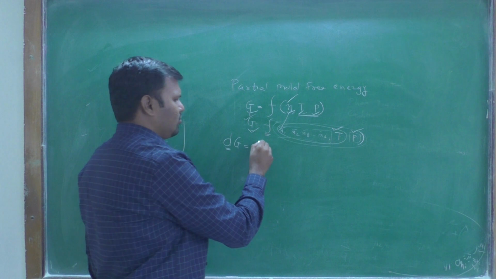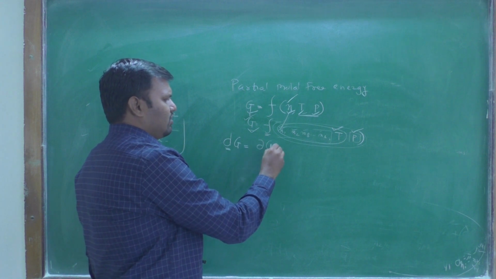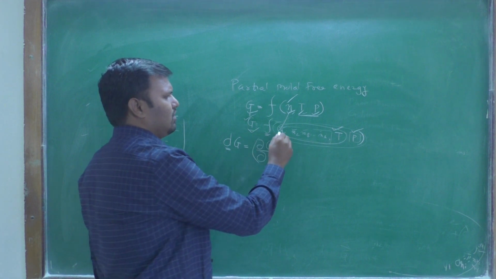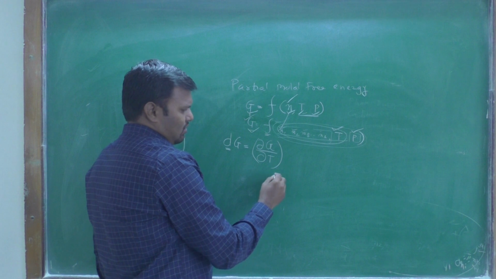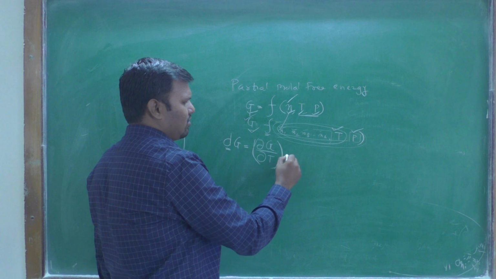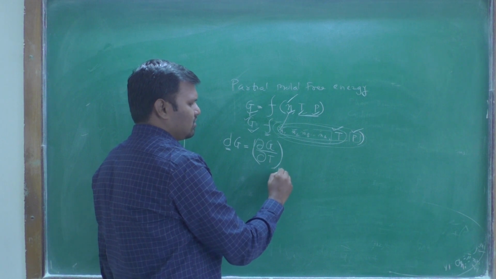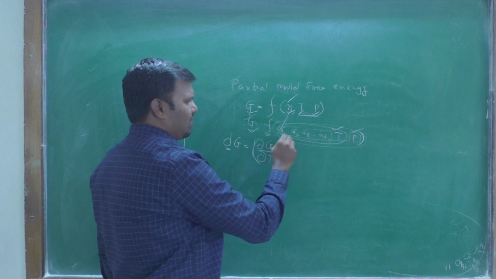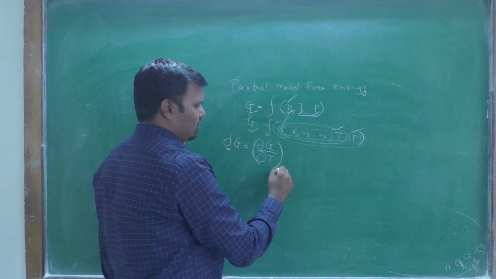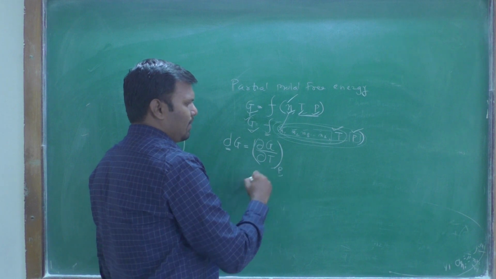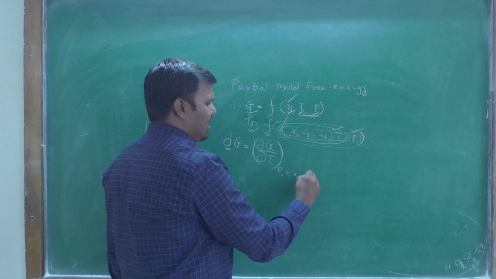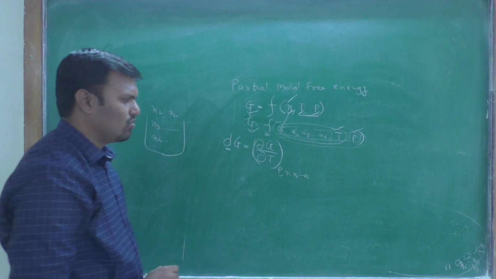Then the change in free energy is del G upon del T. All the constant variables we put at the bottom of this bracket. Therefore, we keep constant the pressure and n1, n2, n3 up to nth moles.